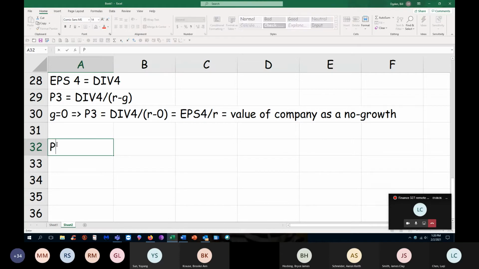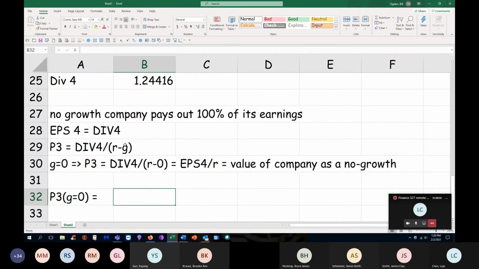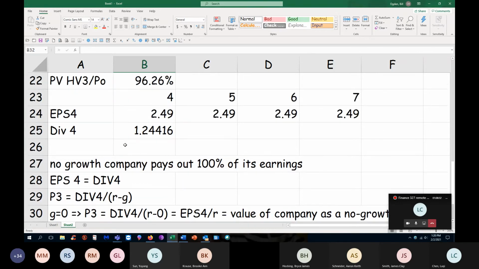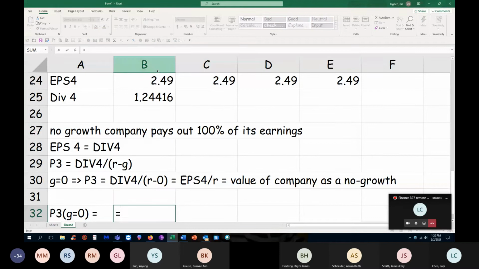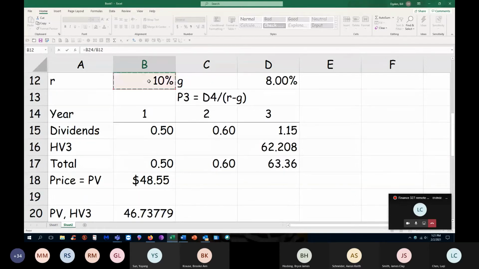So let's do P3 equals 0 equals. So we're going to take the 249 and we will divide that by R. And our R is 10%, I believe it is.